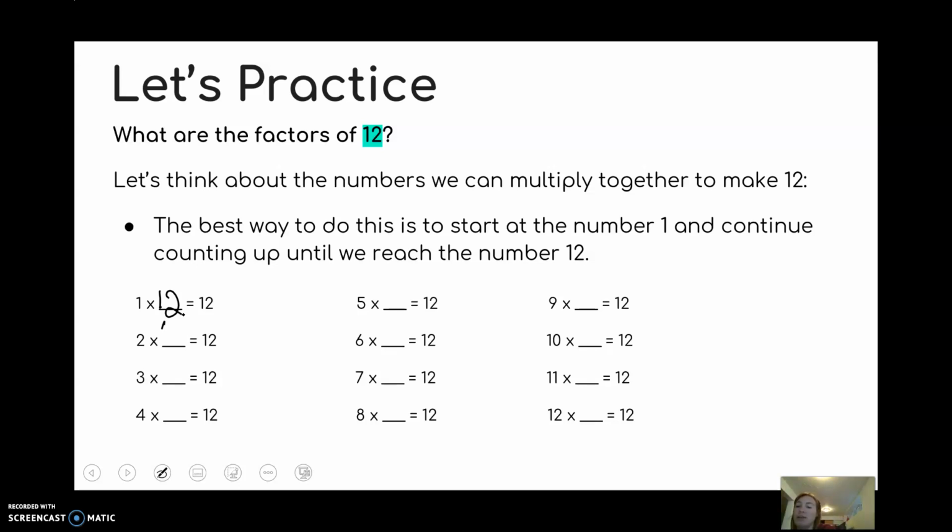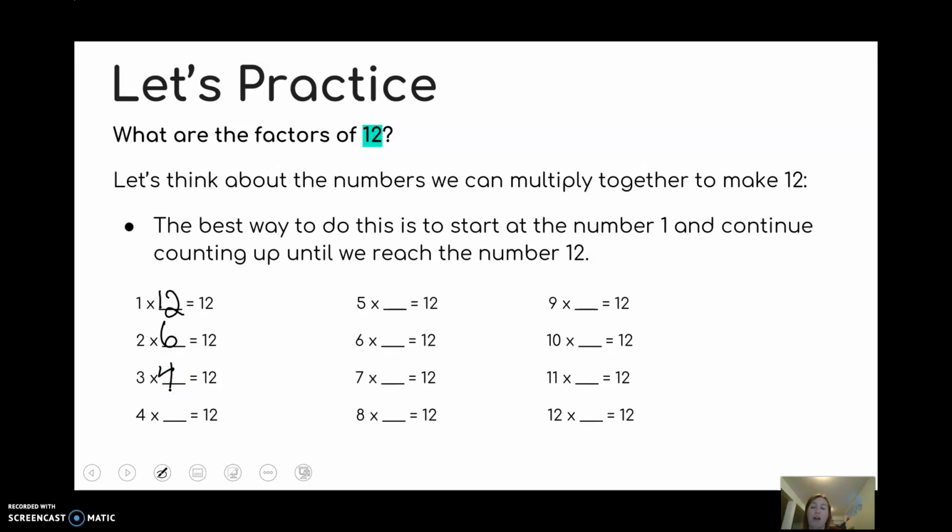So 2 times 6 equals 12. Now I'm going to think about 3 times what equals 12. The multiples of 3 are 3, 6, 9, and 12. So it's 3 times 4 gives us 12.